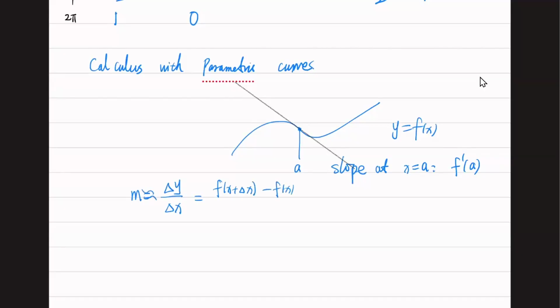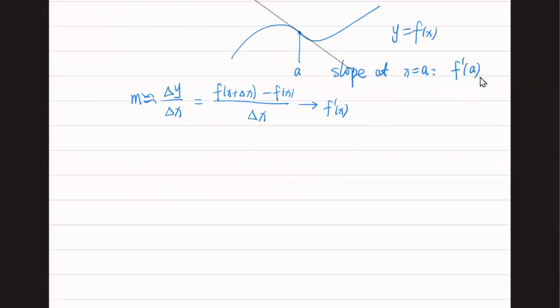Approximate. Now if we take a limit, this goes to the derivative. So the derivative is the slope of the tangent line.